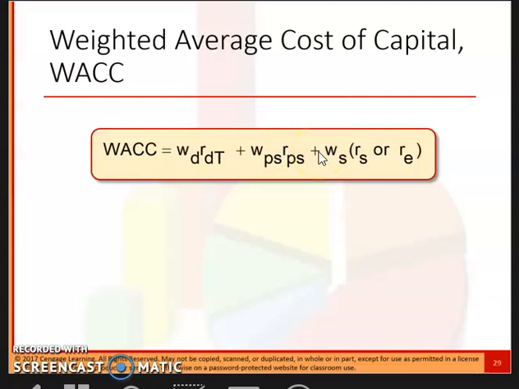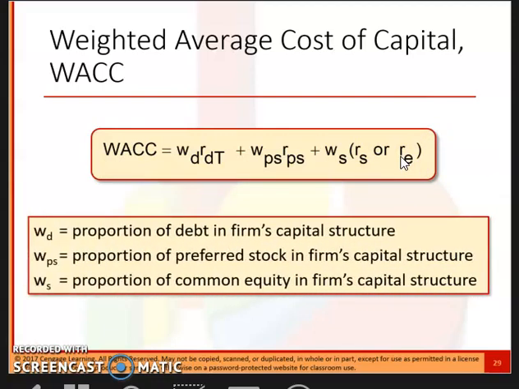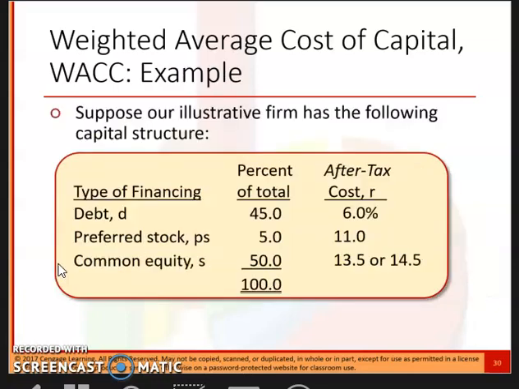And then finally, the weight in stock multiplied by the cost of retained earnings, r sub s, or the cost of external equity, r sub e. So again, w sub d, proportion in debt, w sub ps, proportion in preferred stock, and w sub s, proportion in common equity.